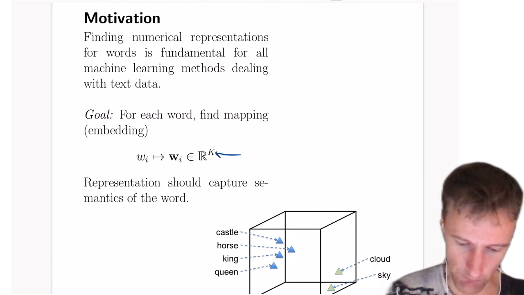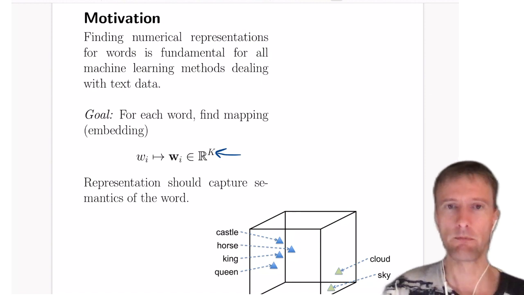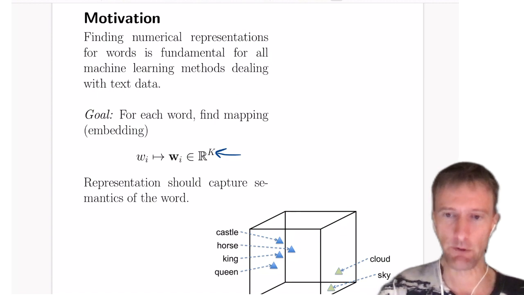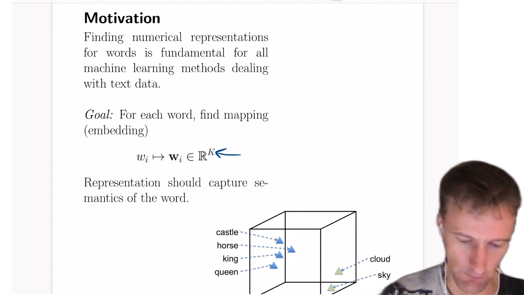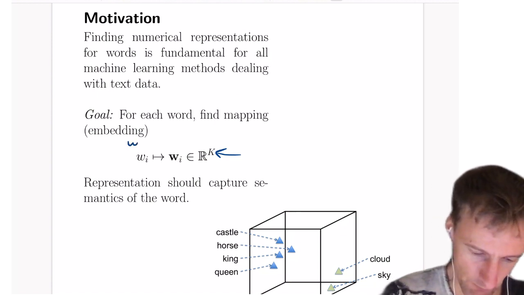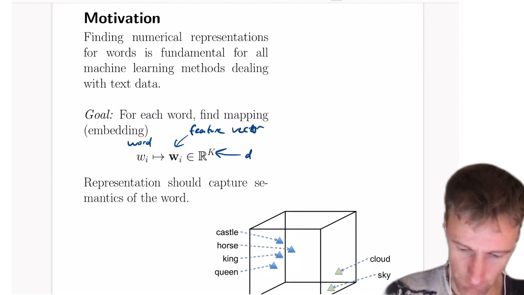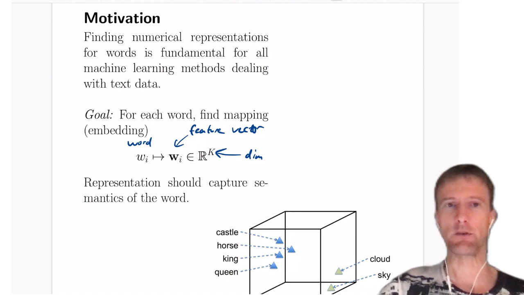One naive way to do this: how would you choose your dimension so that you can represent all the words? Here you want to map from a word to a feature vector, and then there's the dimension.